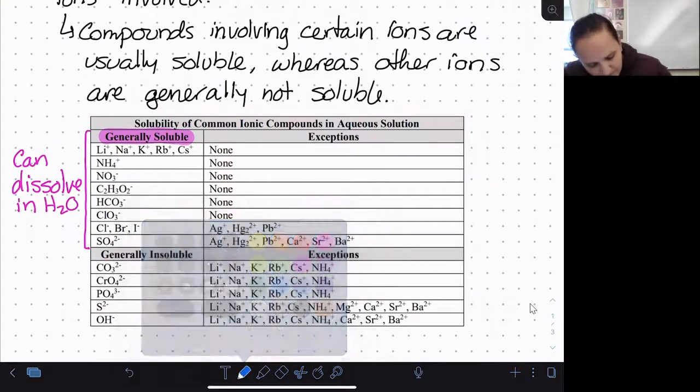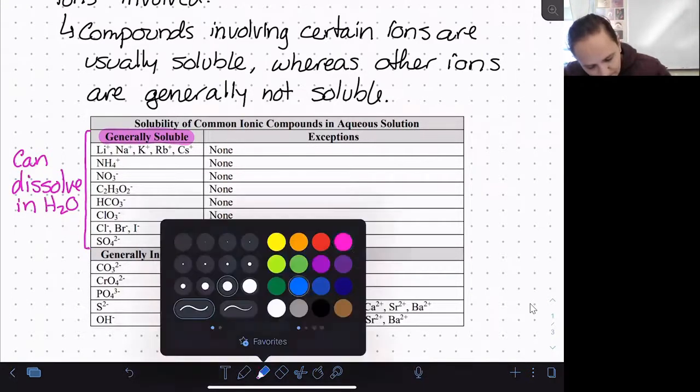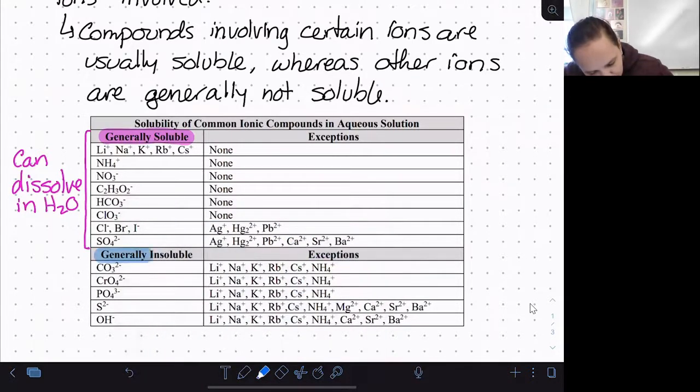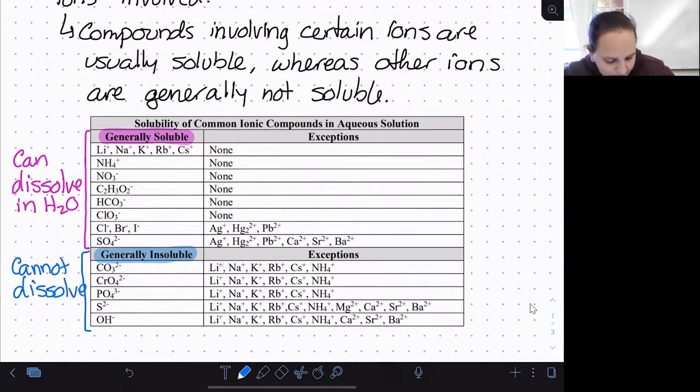Down the bottom, we have the compounds that are generally insoluble. Compounds involving these ions generally cannot dissolve in water.